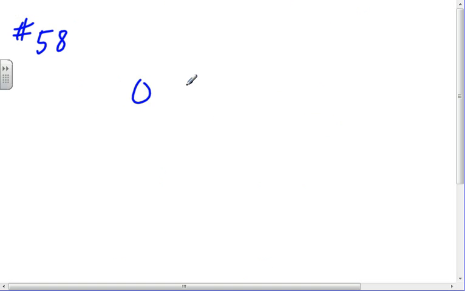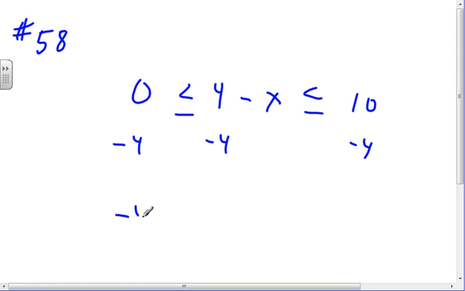0 less than or equal to 4 minus x less than or equal to 10. And I'll subtract 4 from everything. Minus 4 less than or equal to minus x less than or equal to 6.